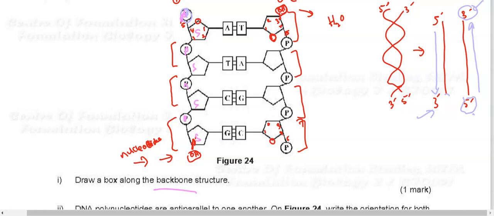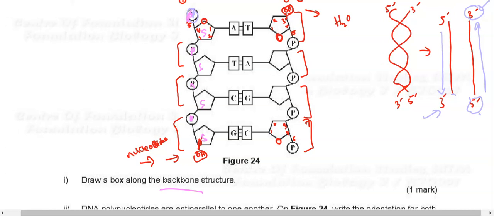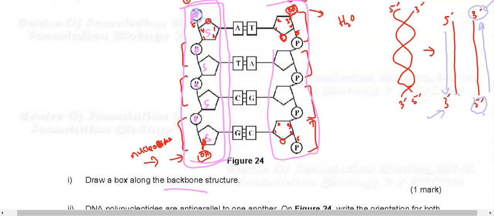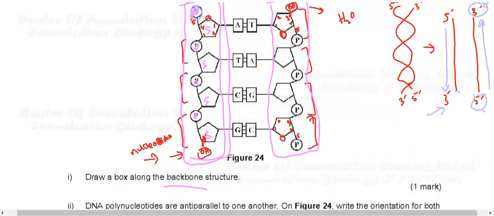The same goes for this strand, phosphate, sugar, all the way. So the backbone is this one, and the question asks you to draw a box. So this is the backbone. A simple question there.